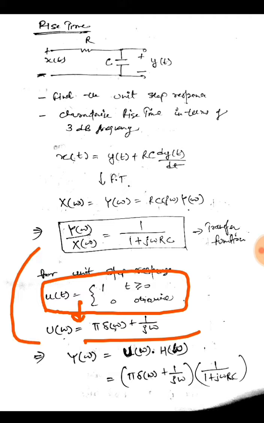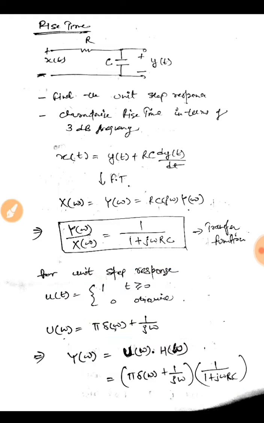Now putting this value in this equation, I would get Y(ω) as U(ω) into H(ω), where U(ω) is the transform of the input. So it would become πδ(ω) plus 1 upon jω into 1 upon 1 plus jωRC, because this is our transfer function and this is the Fourier transform of our input signal, that is a unit step signal.